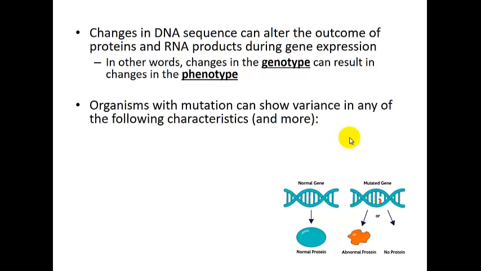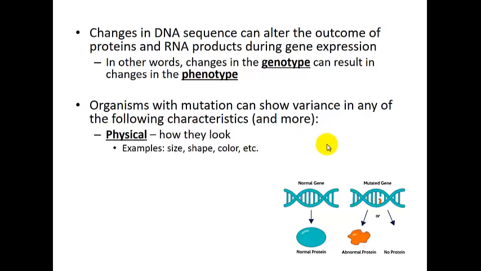Now, the change in the phenotype can show up or manifest in a wide variety of ways. So here we're going to bullet point a handful of generic ways that this could happen. Number one, in some of the most obvious types of mutations, they change the physical look or the shape, size, color, etc. of something.